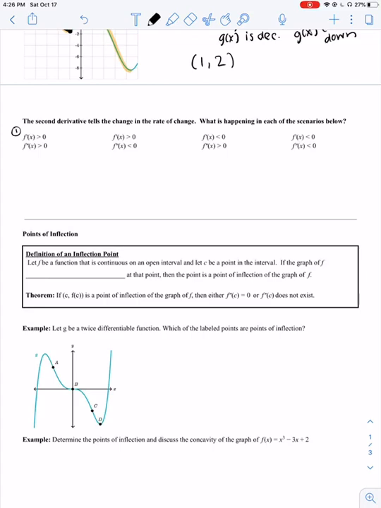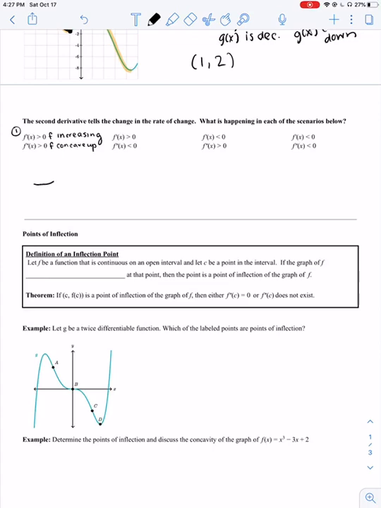This top one tells me f is increasing because the first derivative is greater than 0. The second derivative is greater than 0. That tells me f is concave up. And so we're going to try to sketch this. We want our function to be increasing and concave up, so going up from left to right and looking like a smiley.